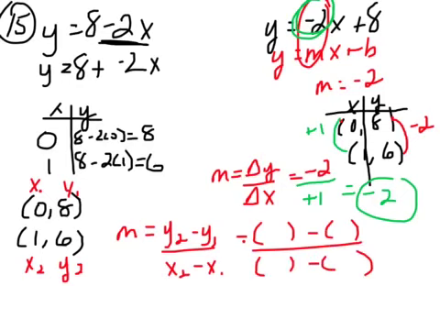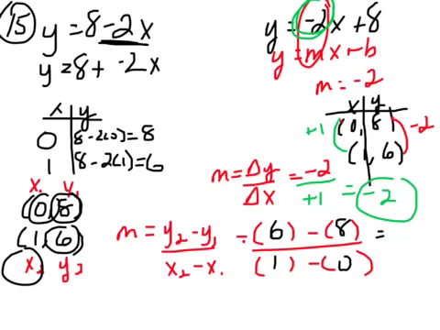My y2 comes first, that's the 6, and I'm supposed to subtract y1. y1 is 8. On the bottom, x2 is 1 and x1 is 0. Okay, so 6 minus 8 is negative 2, and on the bottom 1 minus 0 is 1, and negative 2 over 1 is negative 2.